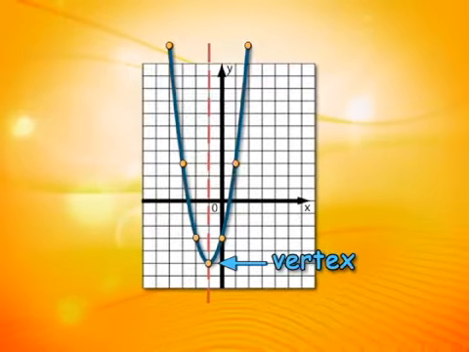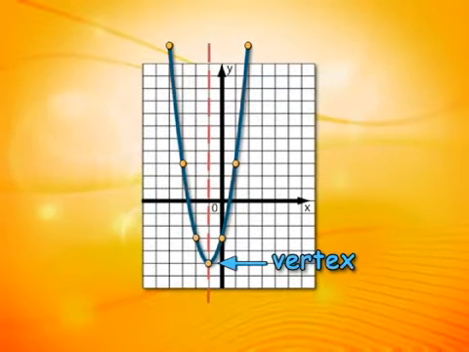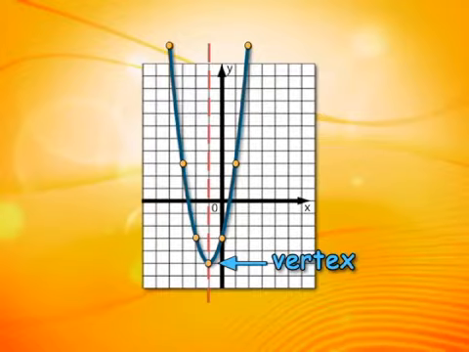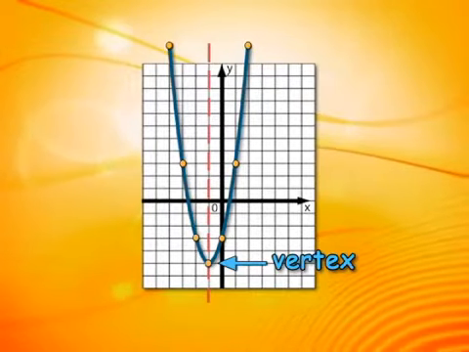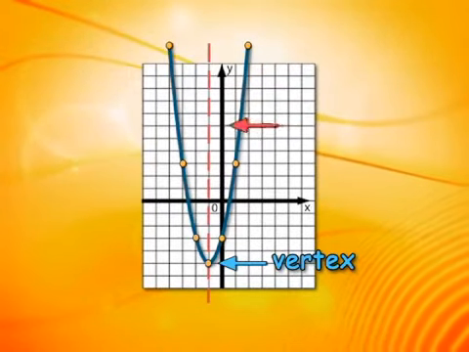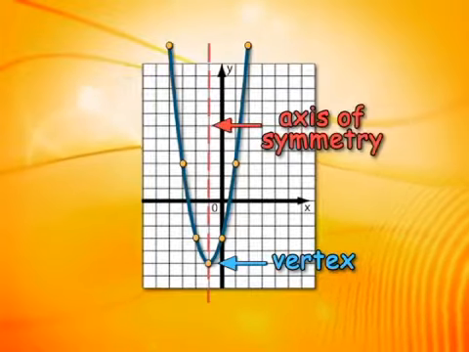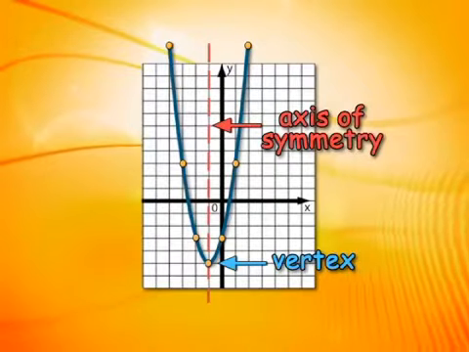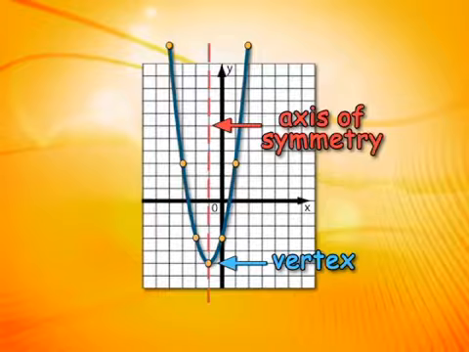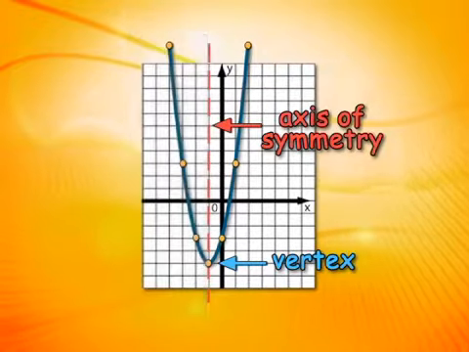We say that this graph has symmetry, meaning that each side of the graph is a mirror image of the other. And that vertical line is called the axis of symmetry. If we folded the graph on that axis of symmetry, all the points on the left would cover all the points on the right.